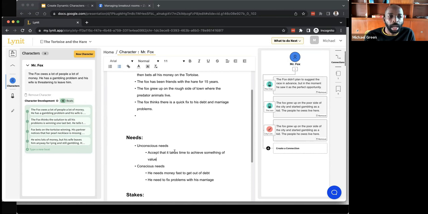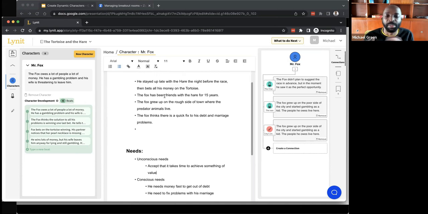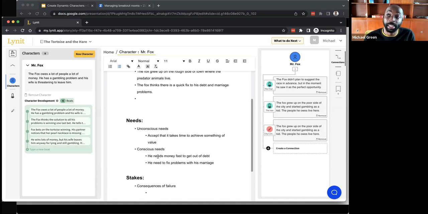Similarly with his wife, the marriage is troubled because he has a history of lying to her, and lying about gambling. These conscious needs, the external problems he's aware of and needs to fix, are all generated by the same internal problem. Even for his marriage, he thinks he can just lie his way out of something, and it's coming from the same place.